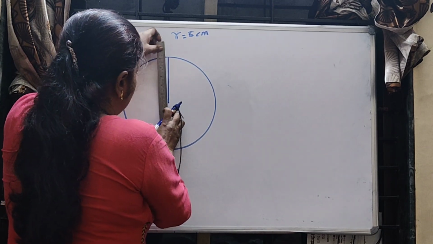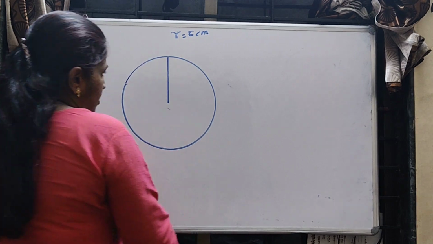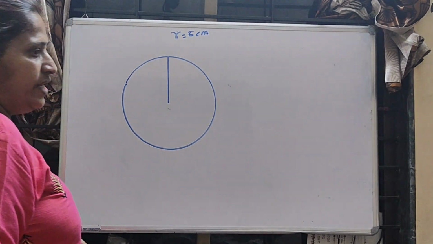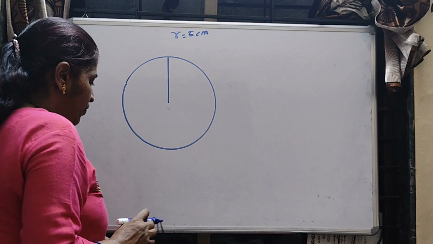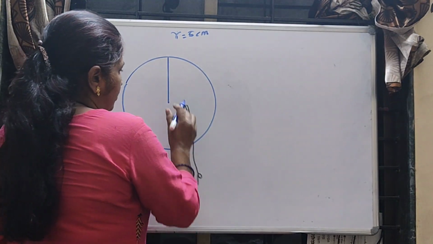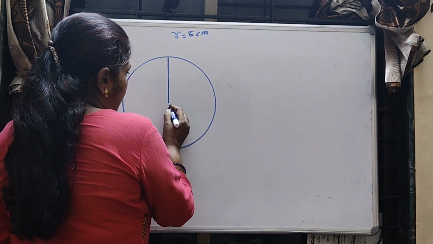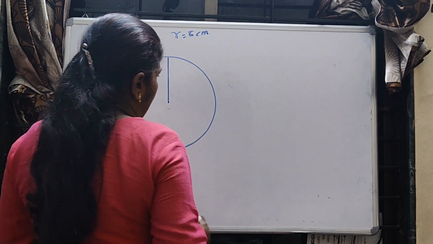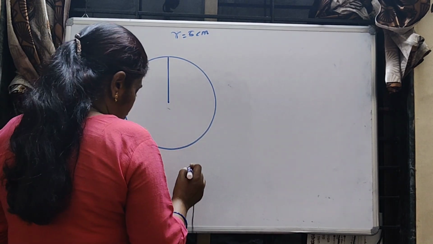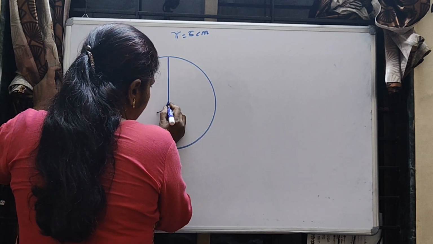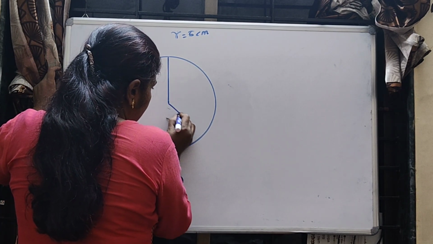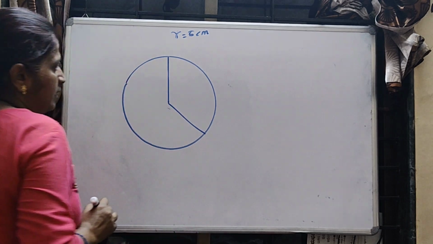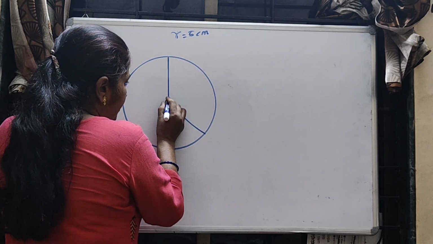After drawing it, take a protractor and draw 120 degrees. If we don't have a protractor, first draw 90 degrees, then 30 degrees, which is half of 60 degrees. Here, this is my 120 degrees.